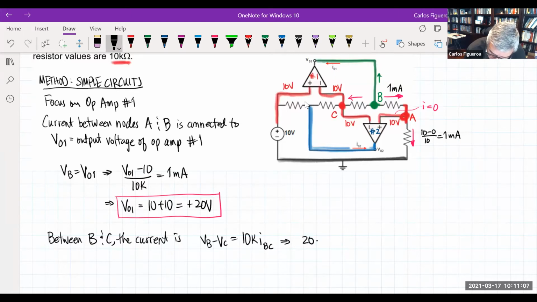Obviously, I know what the node C is, which is 10. And this guy's going to be 10K times this current BC, which then tells me that the current BC here is going to be 10 divided by 10, which is going to give me 1 milliamp. So now I have 1 milliamp going in that direction. Let me make sure I got that right. Right, the current between BC should be 1 milliamp.